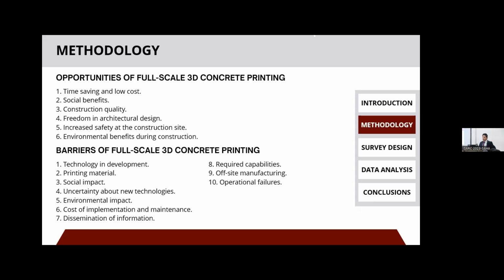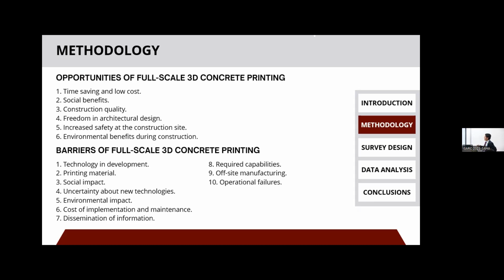As I mentioned at the beginning, I'm an assistant professor and I try to introduce new technologies to my students, like 3D printing and virtual reality. Required capabilities, and offsite manufacturing. This is one of the biggest problems, I think, because if you have an offsite machine, you have to transport the building, so it means more cost.